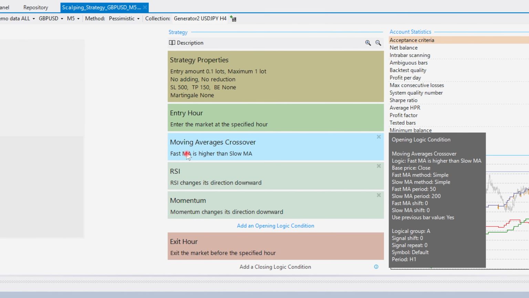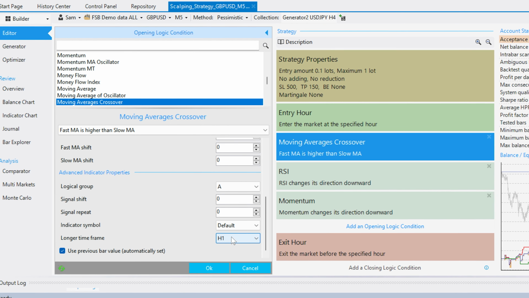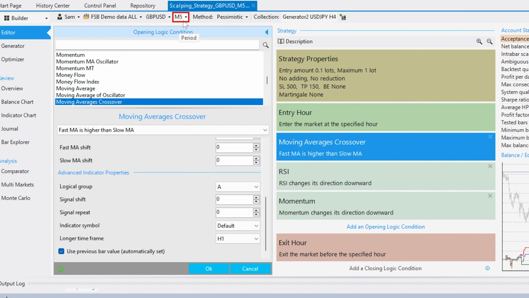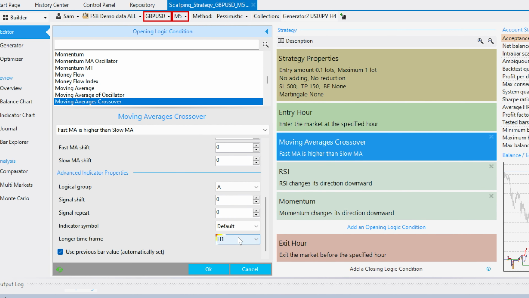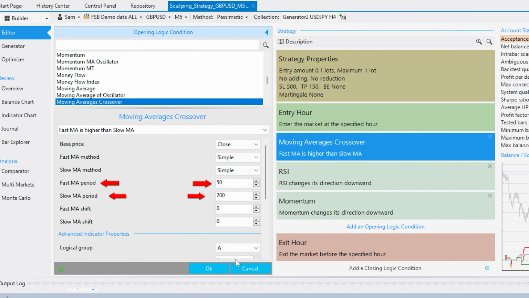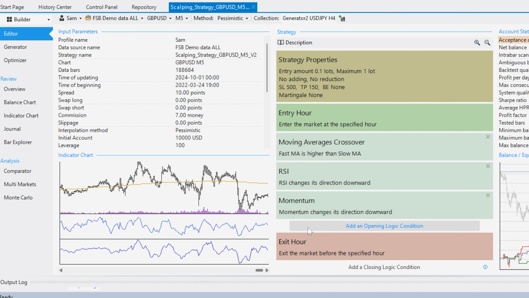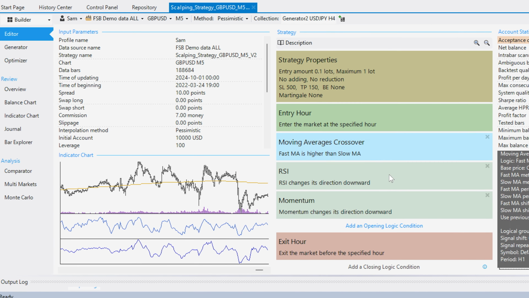So what we use is a higher time frame filter, which we can use in FSB Pro. We're trading on the M5 and GBPUSD, but on the H1 time frame, we're making sure that the fast MA is above the slow MA. We're using that to generally suggest that the market is trending upwards, or downwards for the opposite position.